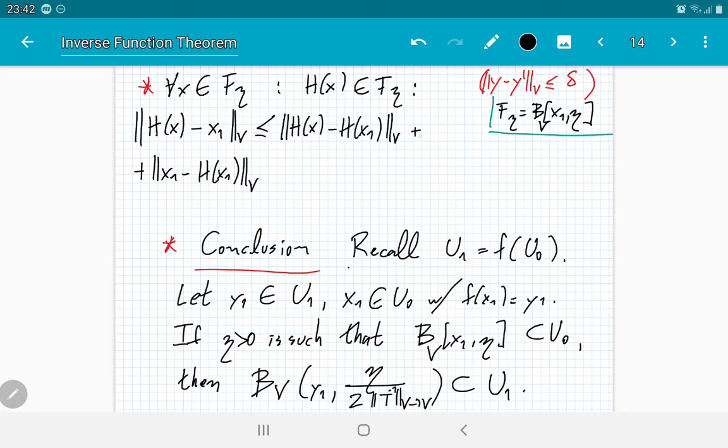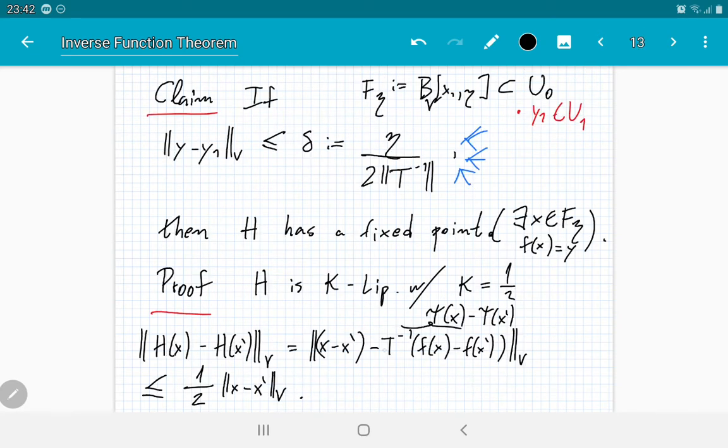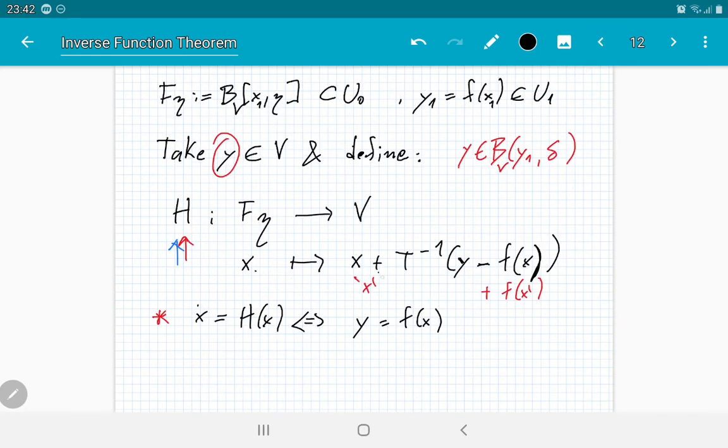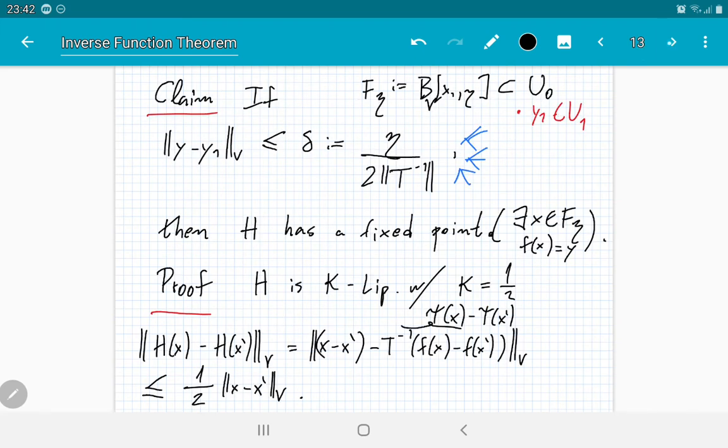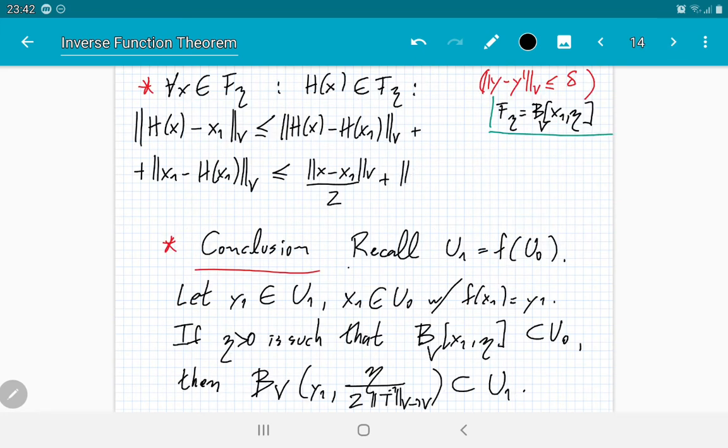Let's compute these terms. The first one, we just showed, is less than the distance between x and x1 over 2. The other one, h of x1, remember, is x plus something. So this is exactly equal to (t minus 1)(y minus f of x1).